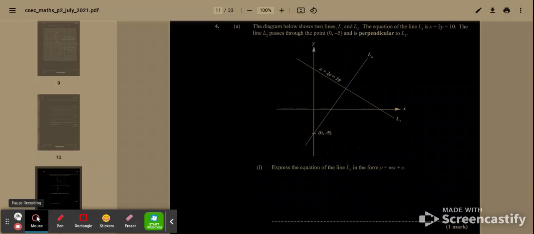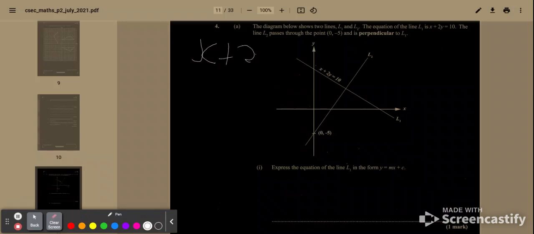So the equation for line 1 is x plus 2y is equal to 10, right? And they want us to put it in the form y is equal to mx plus c, the standard form. So what they want us to do is to make y the subject.